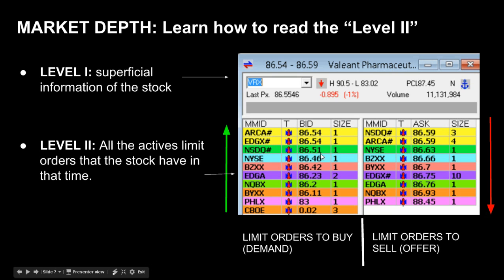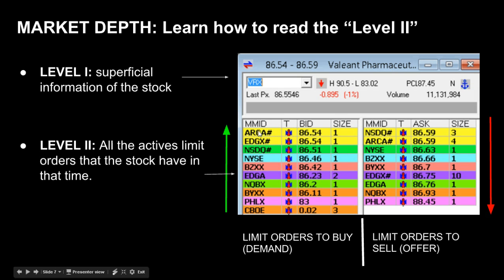As you can see, this arrow is telling us that the offer is ascending. Each level, each color, is going up. We have right here 86, 86.11, 86.20, 86.23. The price is always ascending, getting close to that last price that you will see on the level 1.